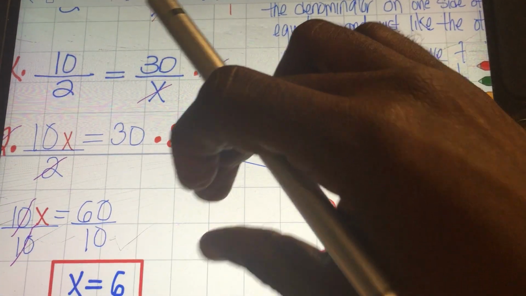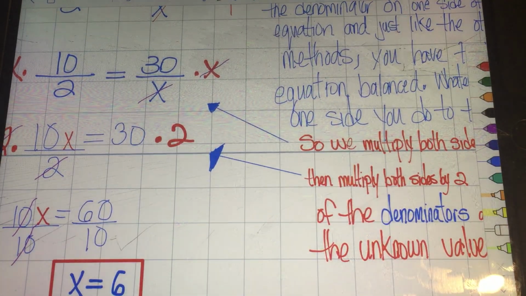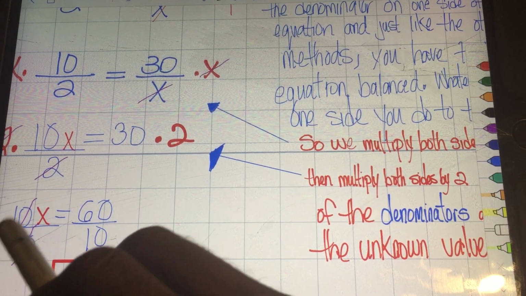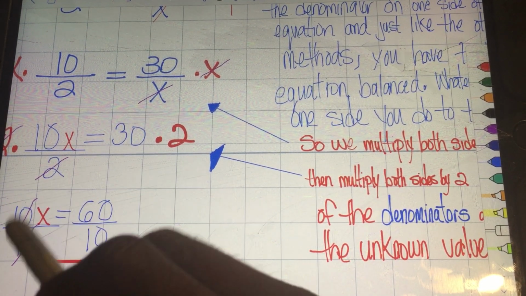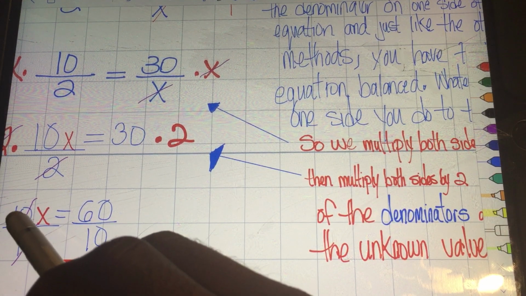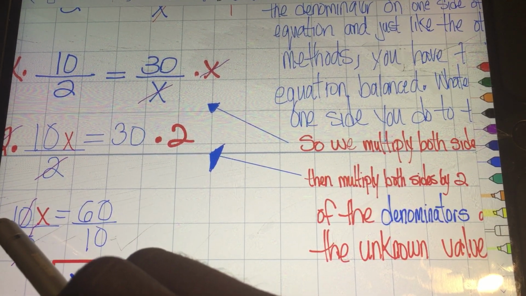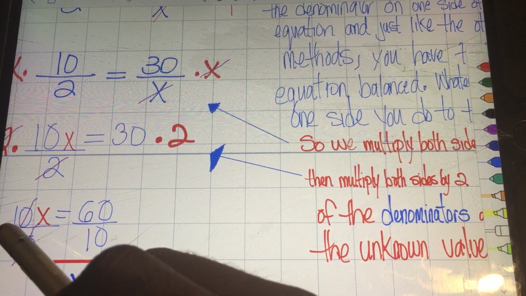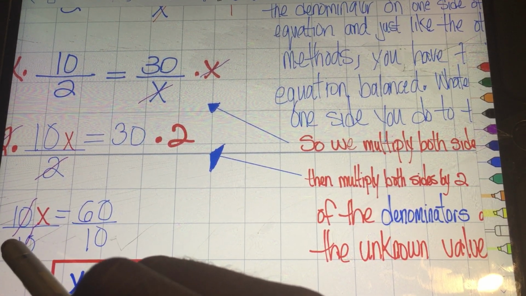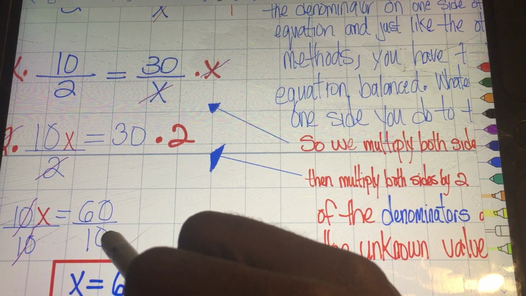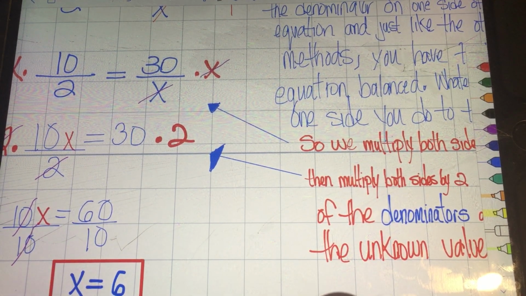Now we follow the same order of operations. We want to isolate our variable, so we're going to divide that variable by 10 because it is connected by a coefficient by way of multiplication. We divide this side by 10, we must divide the other side by 10, and we're left with x is equal to 6.